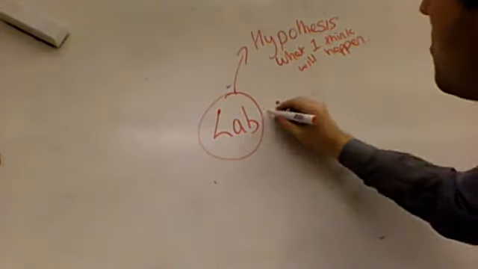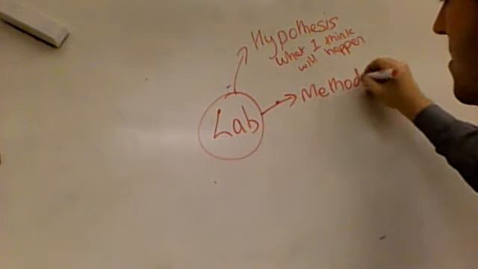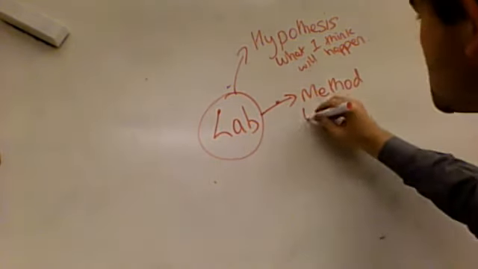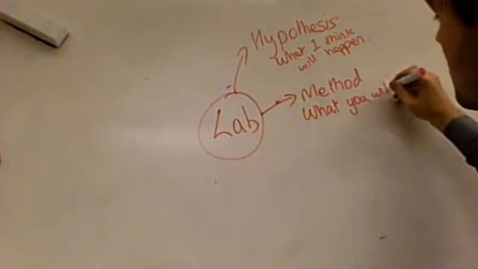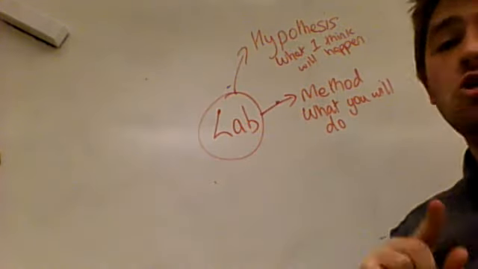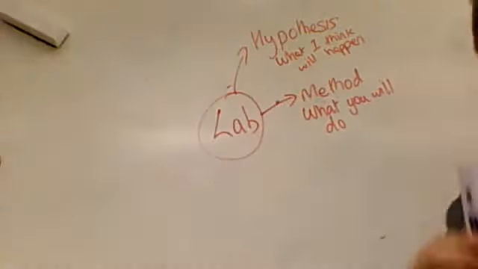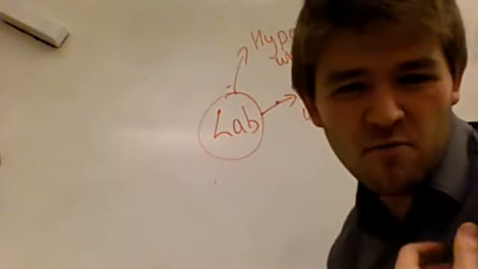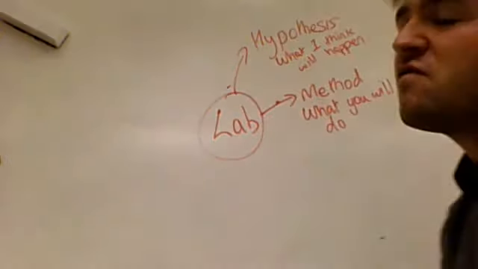Then we come on to what is called the method. This is what you will do. This is something super important. This is one of the things with a criteria. Because what you need to do for a method is make it really clear and really easy to follow.